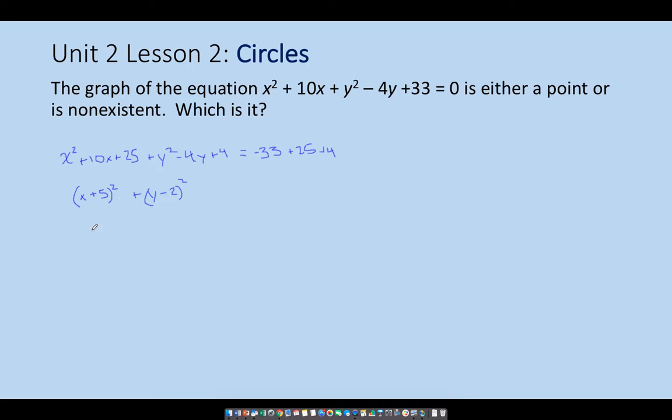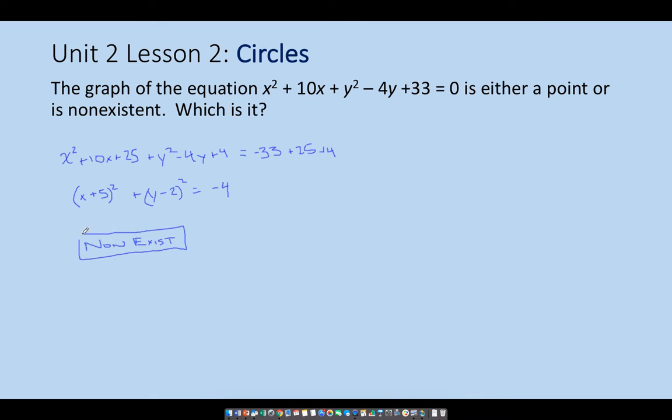If it had a center, it'd be at negative 5, 2, but take a look at this one. This is going to give me, when I add 25 and add 4, negative 4. I have a radius that would be negative 2. And negative 2, not going to happen for a radius. So this is non-existent.